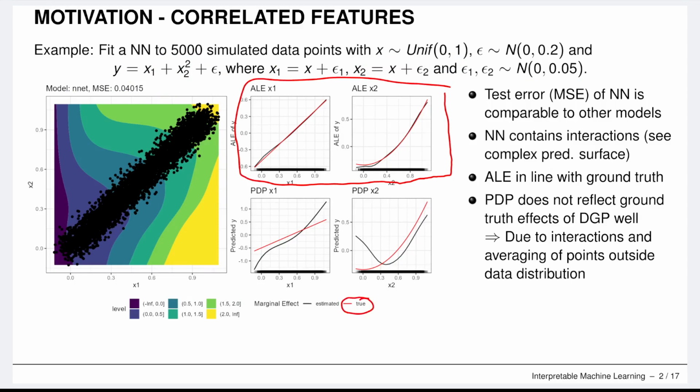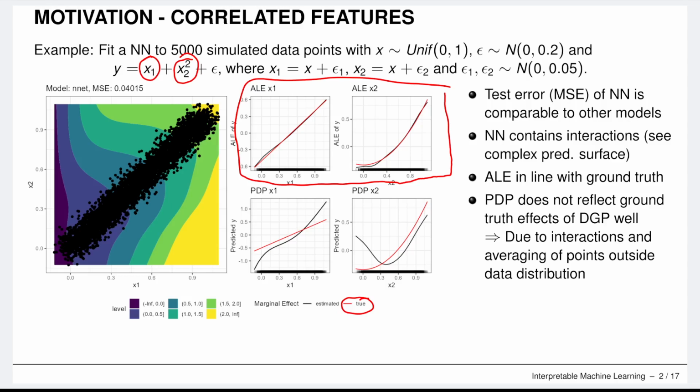Like I said, the red line will reflect the marginal effect of x1, which is a linear effect, and on the right-hand side, the quadratic effect that is also visualized here in red. As you can see, the ALE plot that is computed afterwards will be very close to these marginal effects that we would expect. Below, we see what the partial dependence would do.